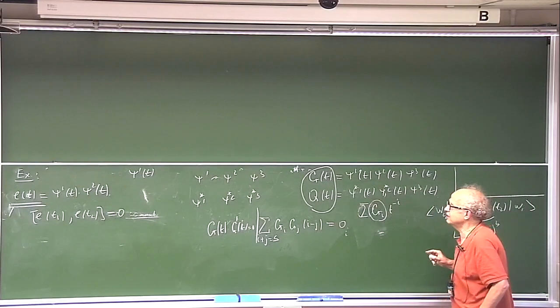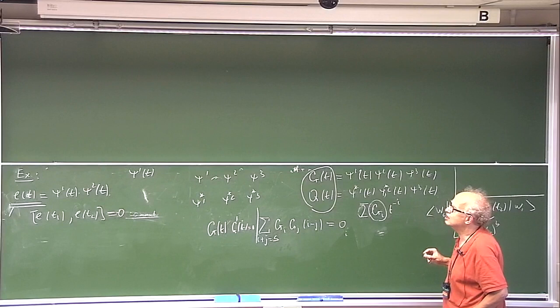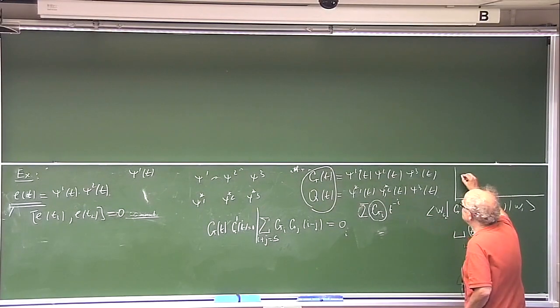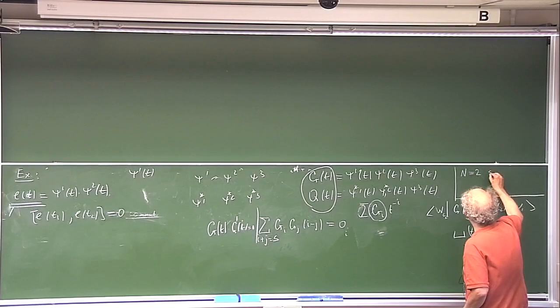Let me not explain this now, at least before the break, but I can say its name. It is the simplest possible representation of the N equal to 2 superalgebra.